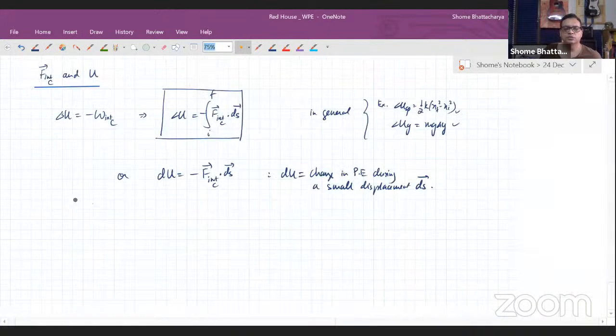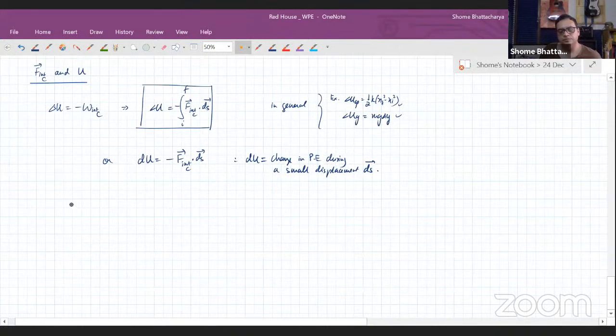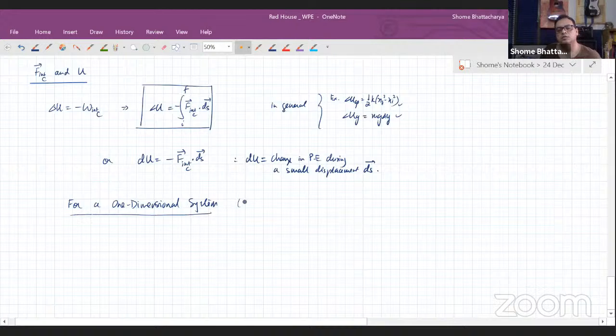Okay. So now we can also see, for a one-dimensional system along the x-axis, potential energy will be a function of x.